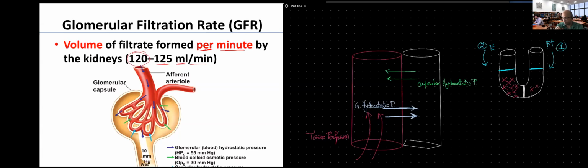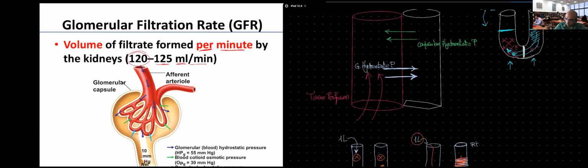Which one do you choose? Remember, what is by definition osmosis? Osmosis is the movement of water from the side with low solute to the side with high solute. So water is going to be traveling from where to where? From right to left. Exactly.